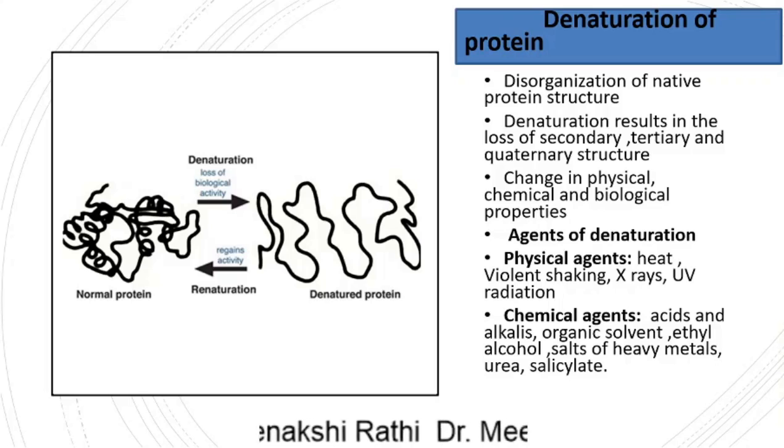We can take a very good example of denatured protein, like egg. When eggs are heated or boiled, you can see that the properties totally change, because the proteins which are present in egg, after heating by a physical agent, undergo denaturation and their physical and chemical properties change.